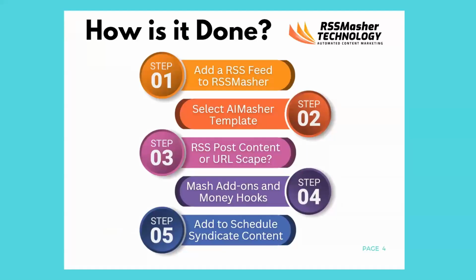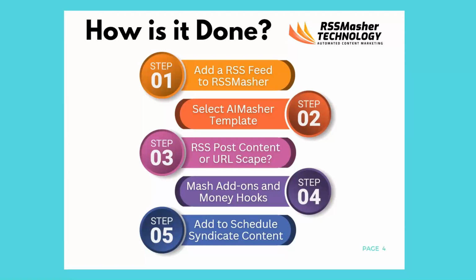Okay. So how's it done inside of RSSMasher? What I'm going to show you is you go into the mash. You're going to add your feeds like you normally do. This is perfect for guys that already have a bunch of RSS feeds out there and want to convert them. Select the template. On the same website feed, you're also going to select whether you want to use your RSS content or a URL scrape.